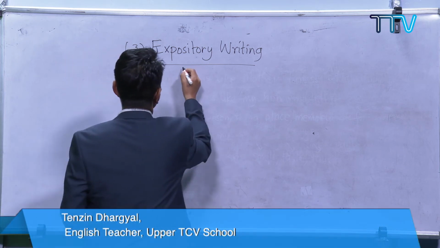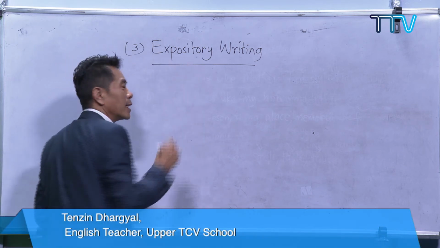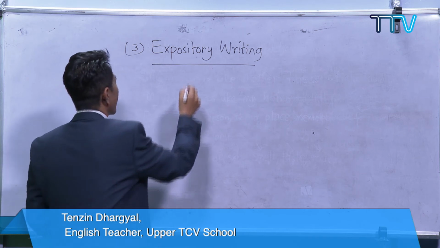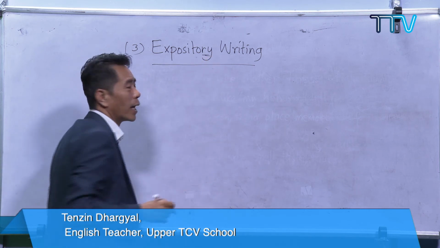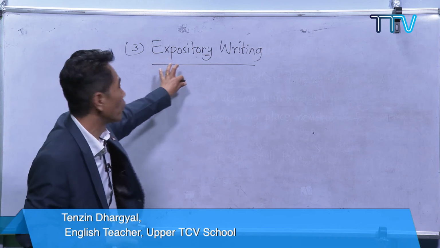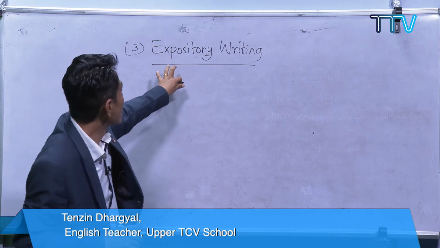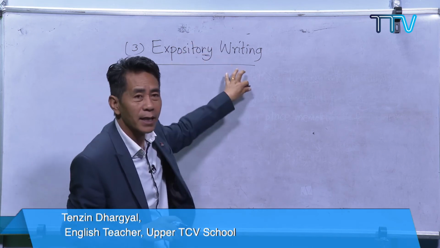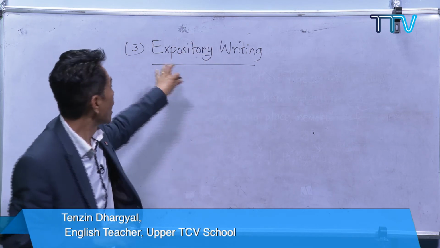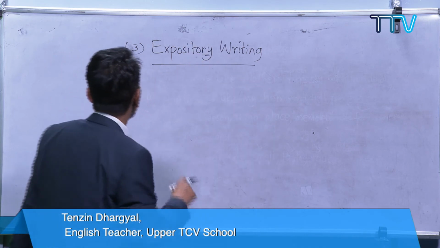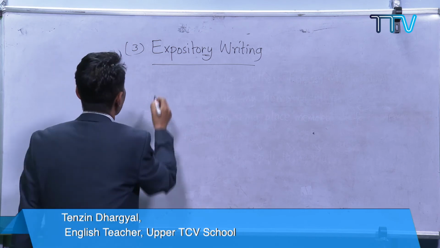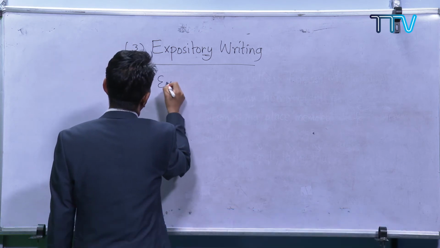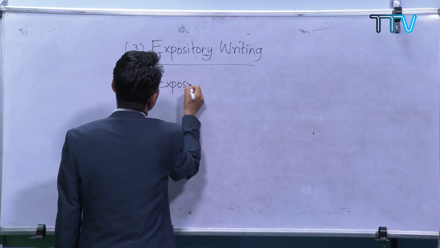So expository writing, the word itself, expository, you can say what type of parts of speech is this? This is an adjective, expository writing, this is a noun. Now what is the root word? From expository we have the word expose.